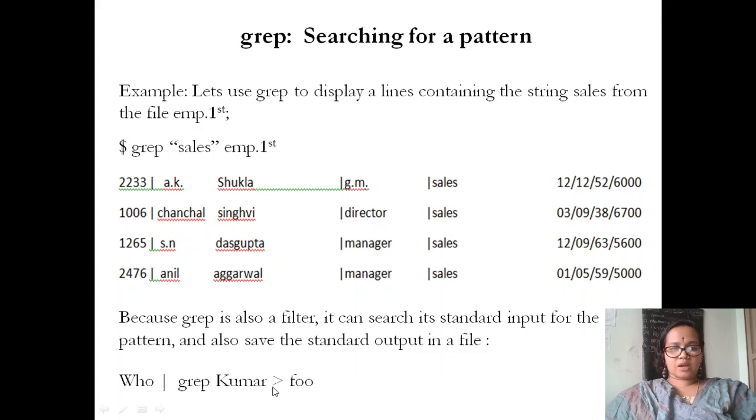Double quoting the pattern is good programming, so it is better to give it with quotes. In fact, quotes are essential if the search pattern consists of two or more words, for example Shant Kumar. Shant is one word and Kumar is another word.